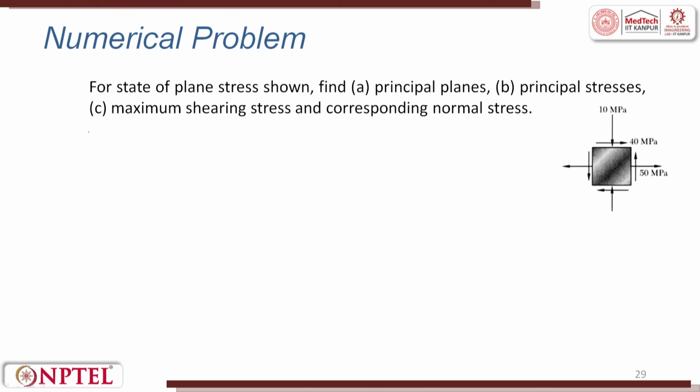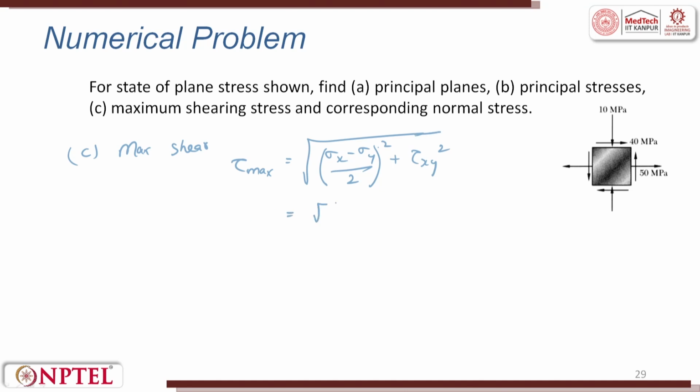So, when we are trying to find out the maximum shear, which is tau max equal to root of sigma x minus sigma y divided by 2 the whole square plus tau xy the whole square, which is nothing but root of 30 square plus 40 square, which is nothing but 50 MPa.